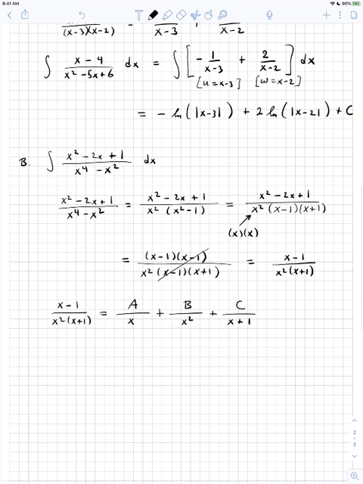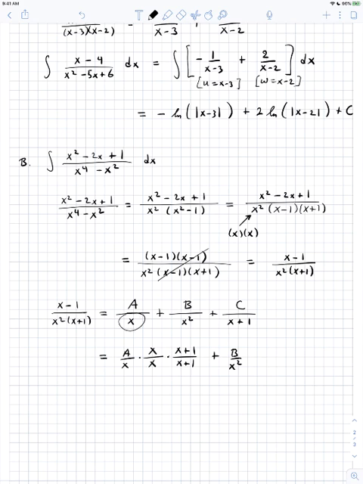And the way we do it is the way that we did it before. You add them together by giving them a common denominator. So we have a over x. Now this one needs an x, but it also needs an x plus 1 in order to have a common denominator. And if you put it in the denominator, you have to put it in the numerator as well. Then plus b times x squared. It already has x squared.